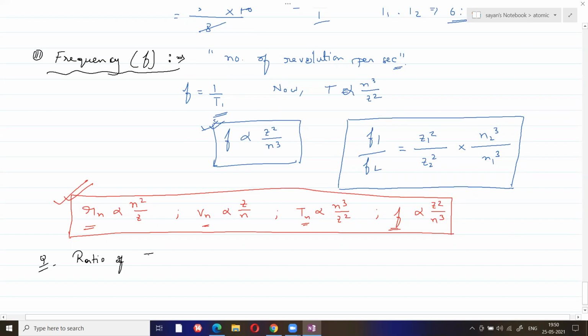Again, I am taking the ratio of time. You have to find the time ratio for the second orbit of hydrogen and the third orbit of helium plus.